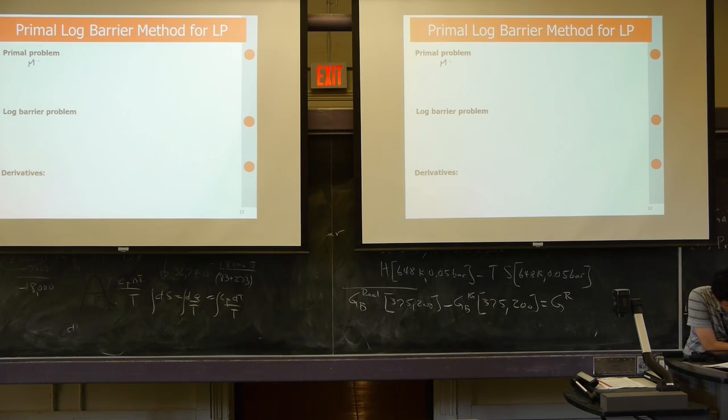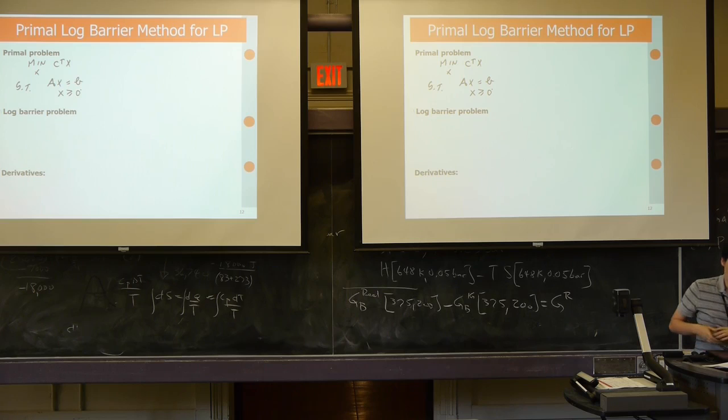So the primal problem is that I want to minimize c transpose x over x, subject to, say, Ax equals b and x is non-negative. This is the standard form of linear programs. So please help me.